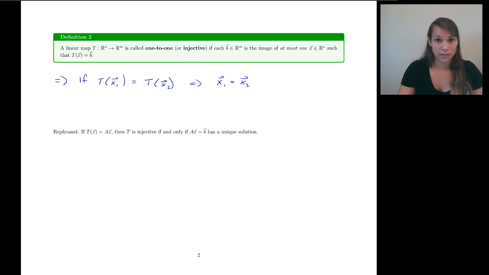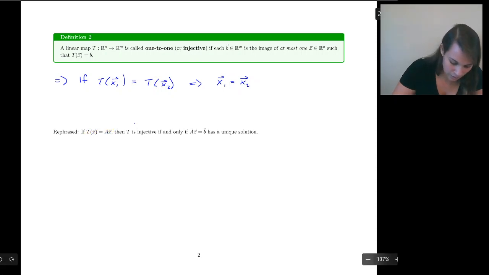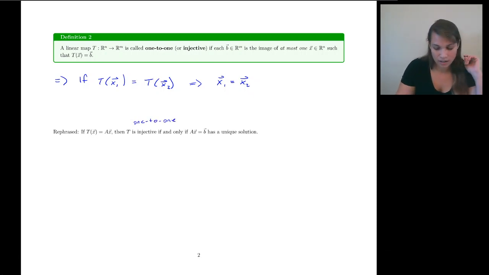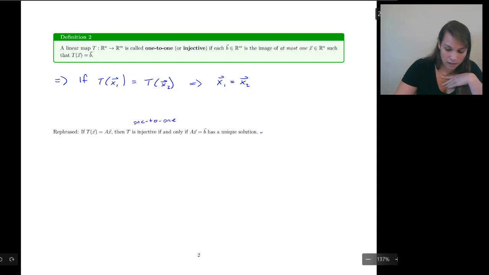In the context of linear algebra, we can rephrase the one-to-one using A times x. We can say if T of x is equal to A of x, then we say T is one-to-one if and only if Ax equals b has a unique solution or no solution.